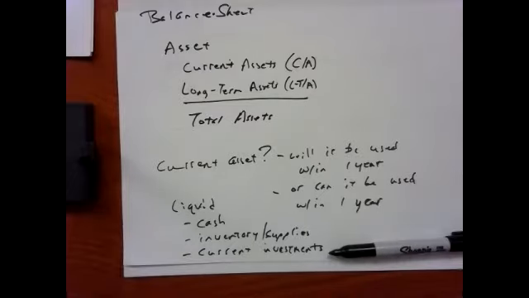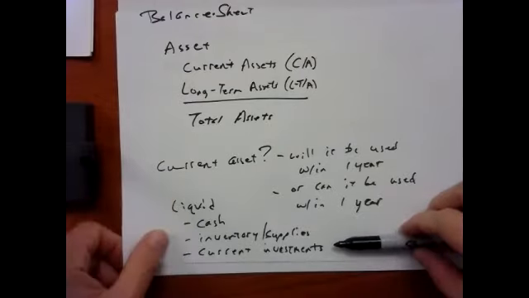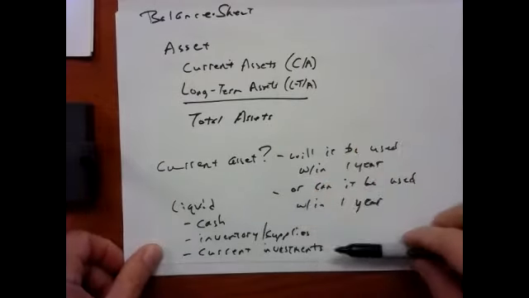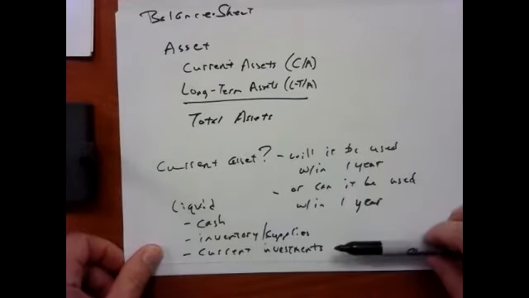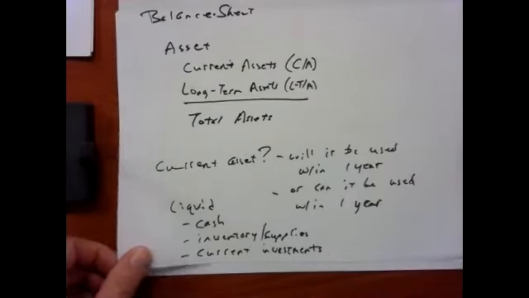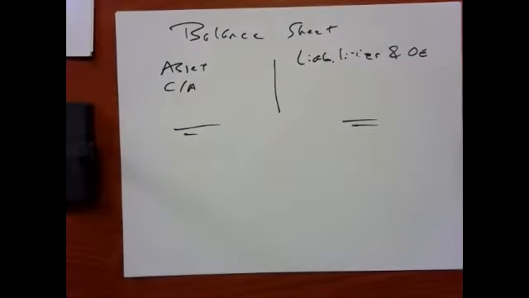And then we have a category called current investments, right? Current investments is we take our cash. So we had this long conversation about having a stash of money to protect yourself in case something goes wrong, right? So organizations have a similar kind of stash of cash that they want to have on hand.